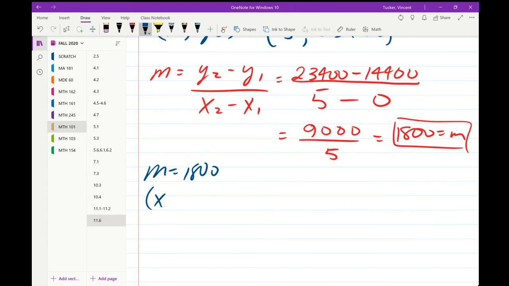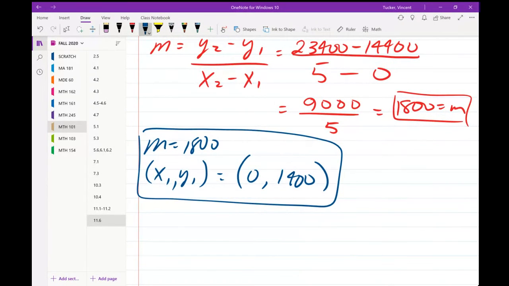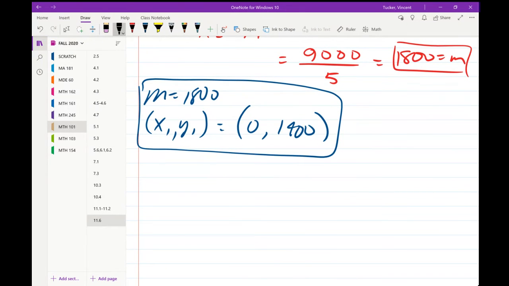And it doesn't matter which point we use. We can use x1, y1, or x2, y2, whatever we decided. I am going to go ahead and use the one I called x1, y1 already, because we will take that slope and that point and use the point slope formula.